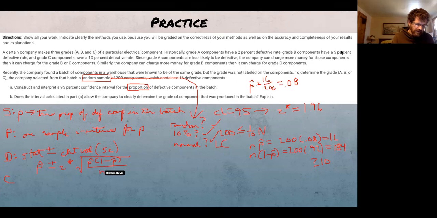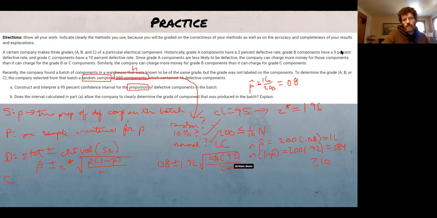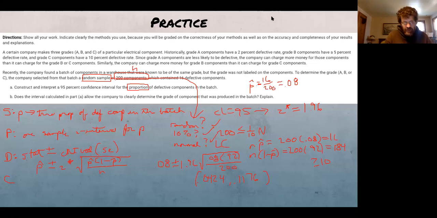These are all found in the problem over here. 200 right here is my N. We already found P hat, so I'll just start plugging in 0.08 plus or minus. Z star was 1.96. The square root of P hat was 0.08 times 0.92 divided by 200, and that's a calculation to do. I'll pause for a second so you guys can calculate that. And I went ahead and put the confidence interval down.